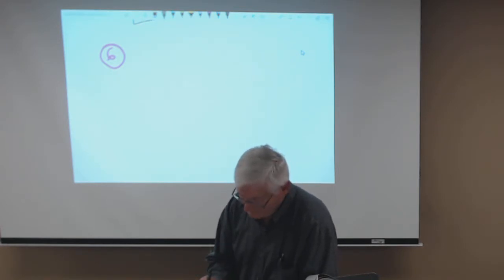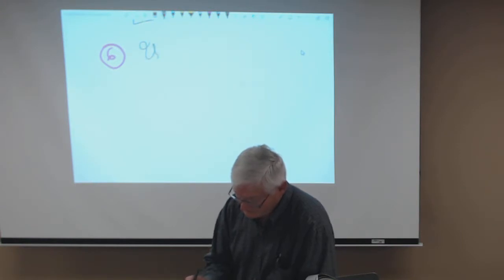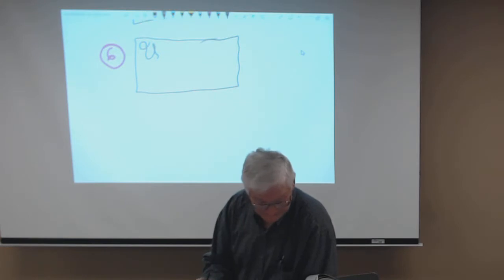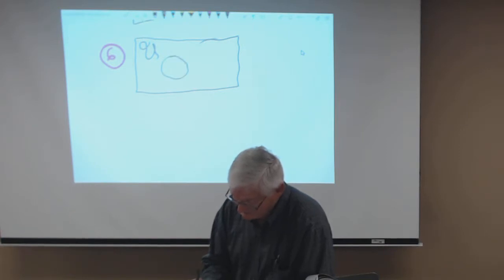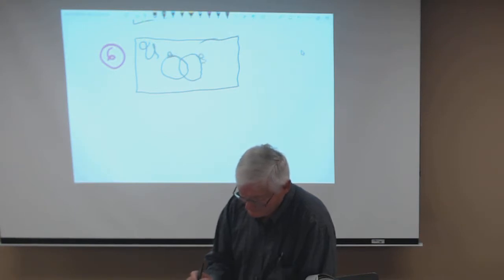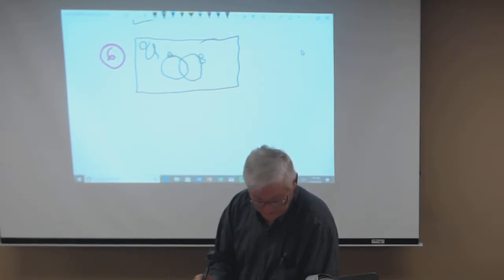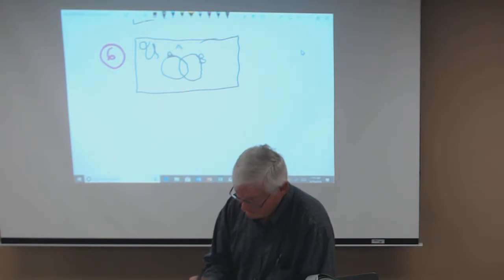You, the universe, is what? Ace, king, queen, jack. Here's A. Here's B. The universe is ace, king, queen, jack.